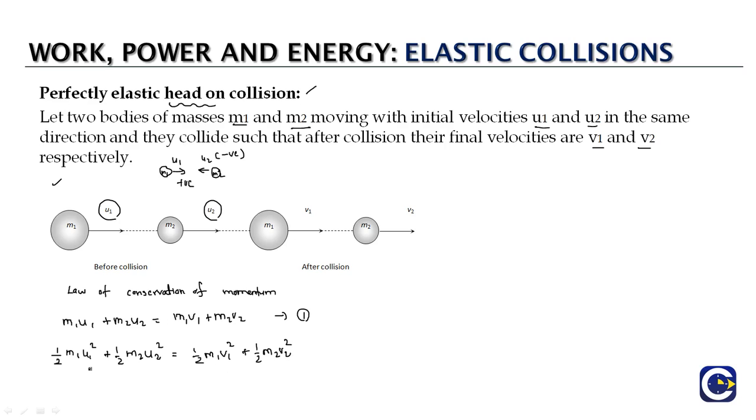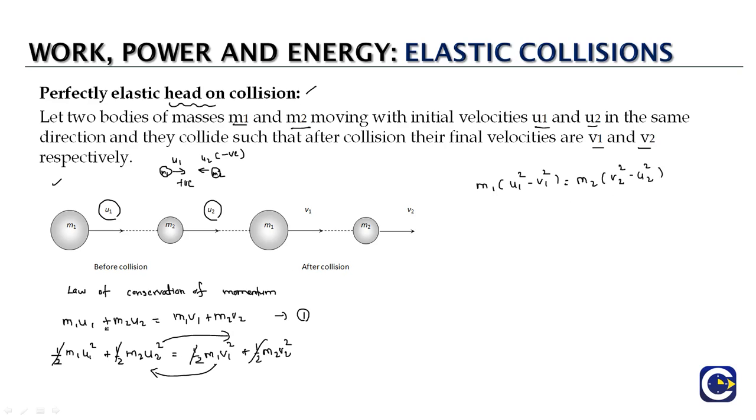Now here we can cancel half on both sides and bring the terms of m1 together. So we'll bring m1 v1 square to the LHS and we'll take m2 u2 square to the RHS. Thereby what we'll have is m1 into (u1 square minus v1 square) equal to m2 into (v2 square minus u2 square). Now this is the equation that we will be having.